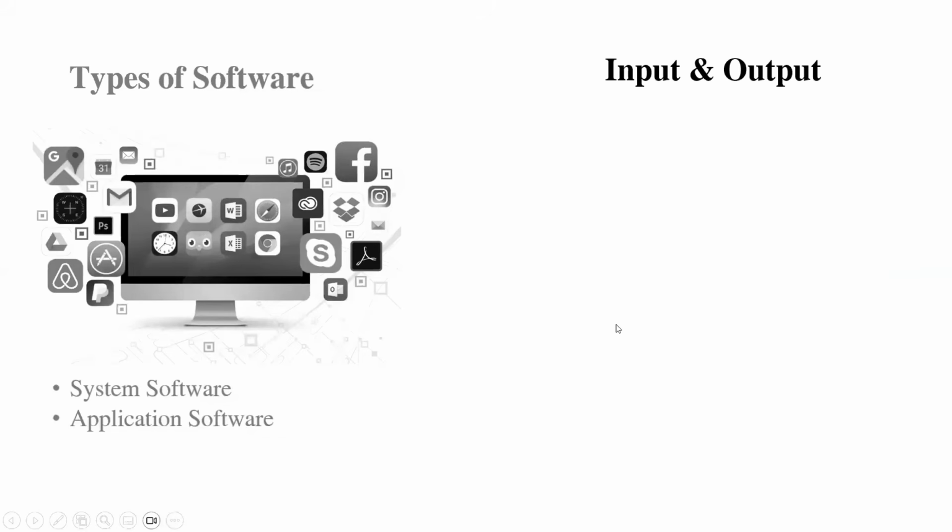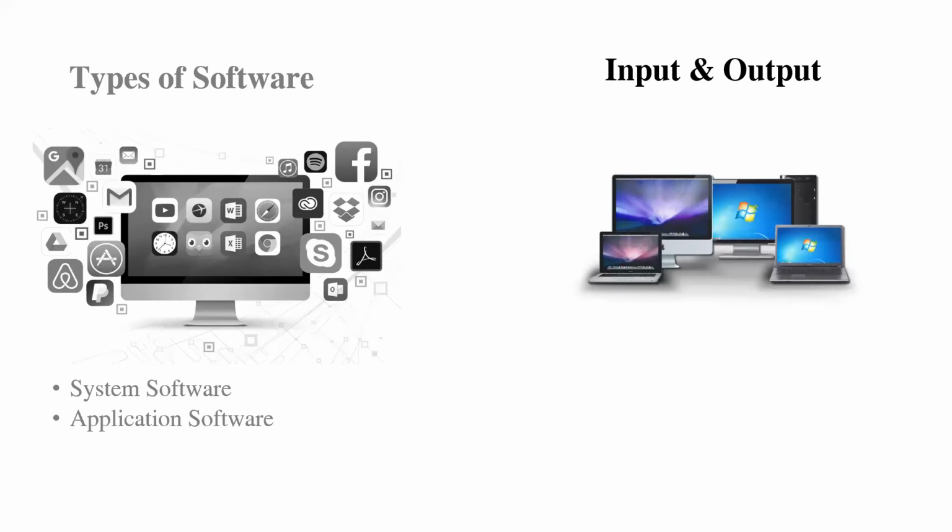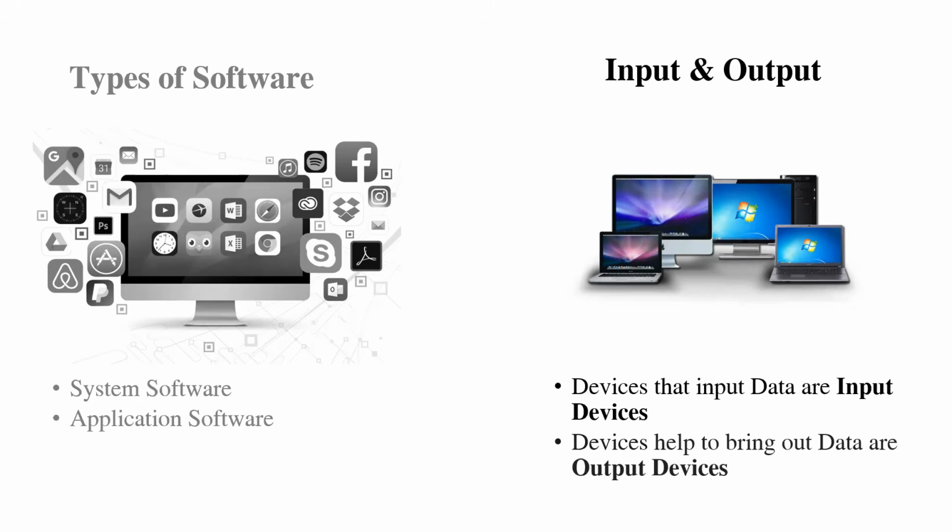So another thing we are going to talk about is input and output devices. Let me say this in a very plain way so that you'll understand. Devices that input data are input devices, and all the devices that help to bring out data are output devices.